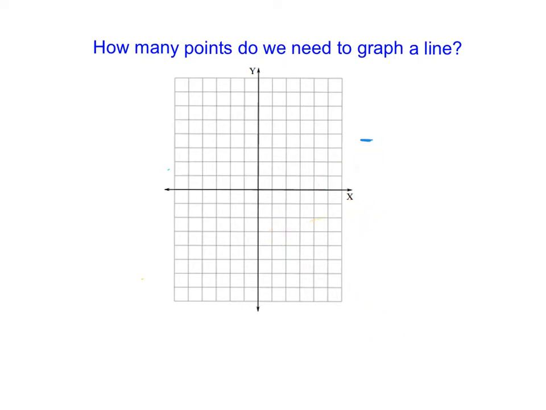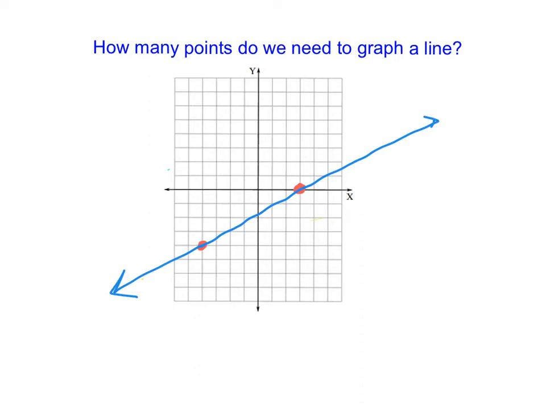Now let's go to 2. If we plot 2 points, point number 1 and point number 2, let's see how many lines we can draw through these 2 given points. If I draw this line in blue, I connect the 2 points. If I try to draw a different line, I discover that I can't.